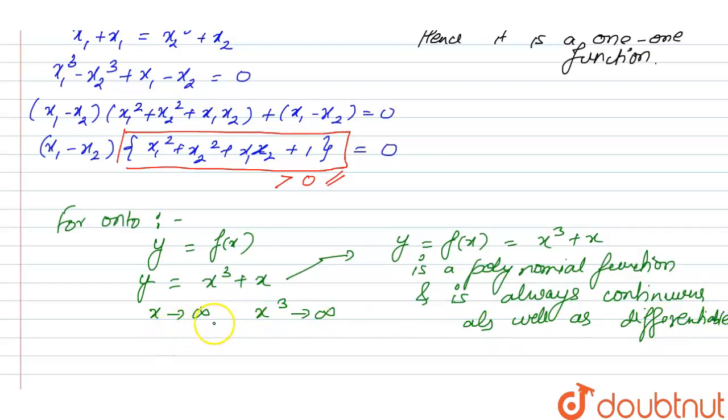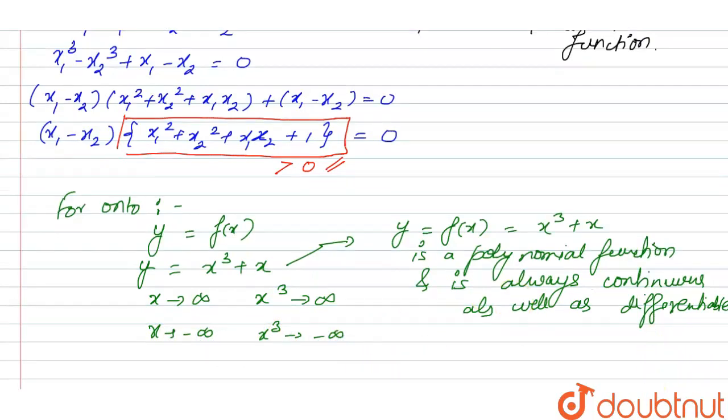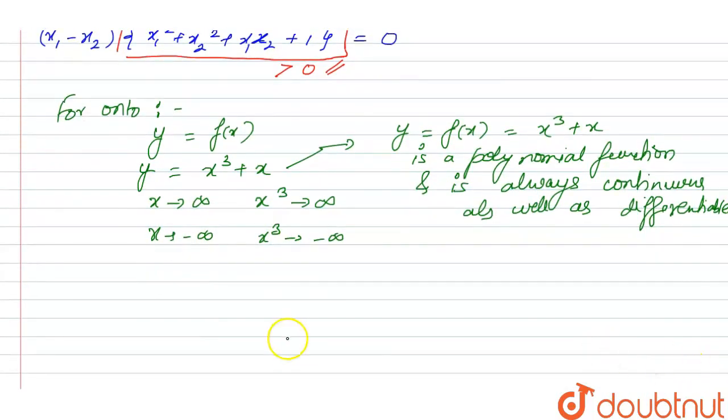So if x tends to infinity, x cube also tends to infinity, and if x tends to minus infinity, x cube tends to minus infinity. Here the function varies accordingly.